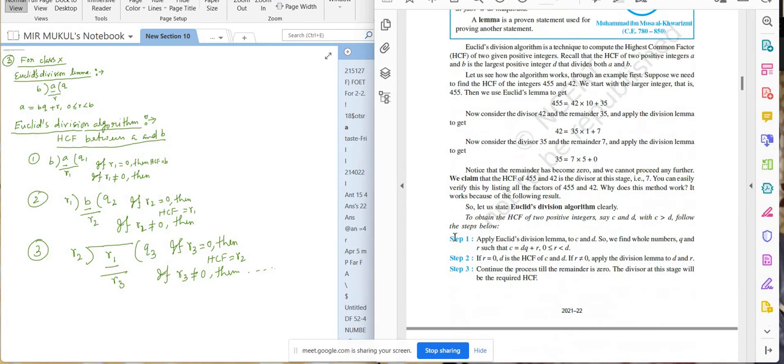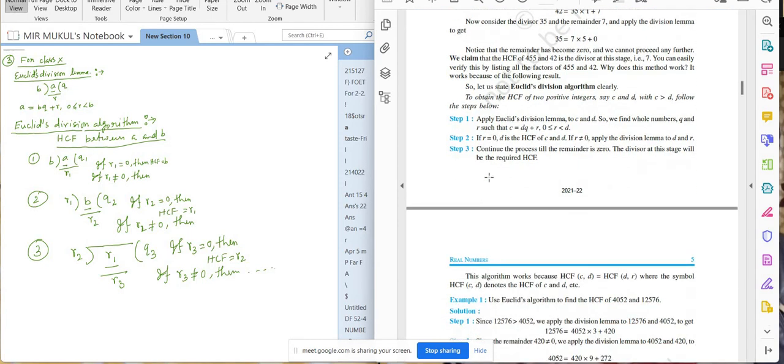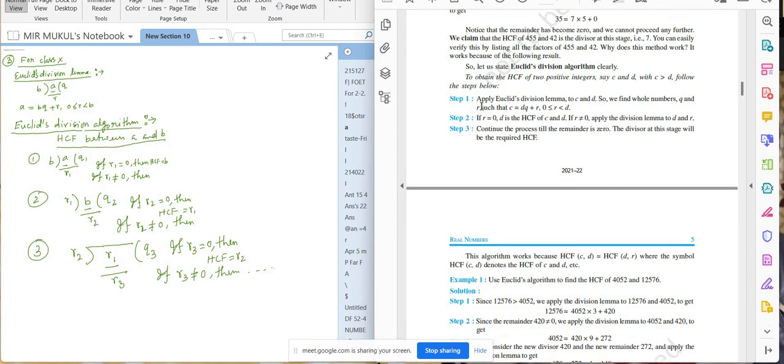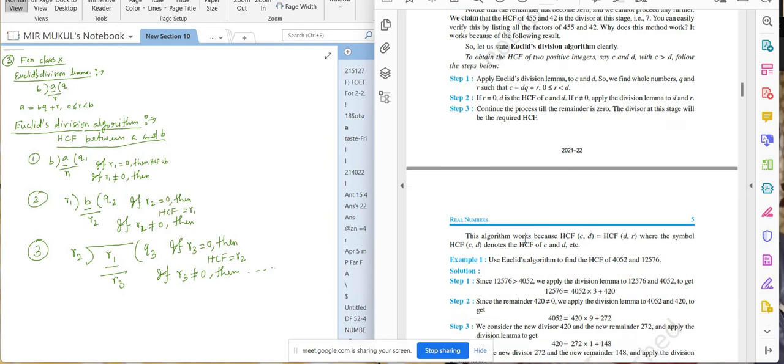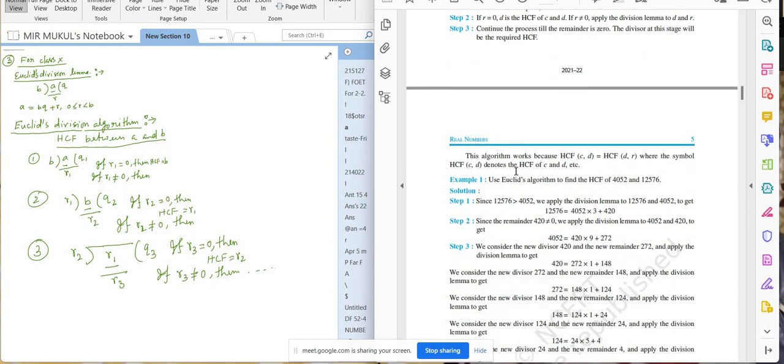It is not new for you. So here, Euclid division algorithm stepwise: apply Euclid division lemma on C and D, suppose two numbers they have taken C and D, and C is greater than D. Follow the steps below. When we get remainder 0, that will be the HCF.